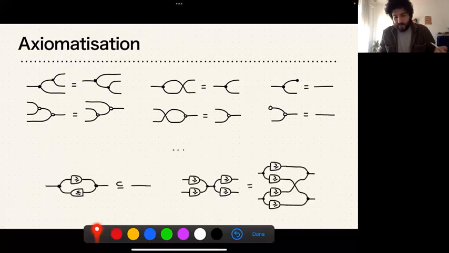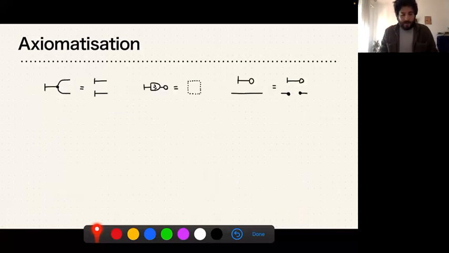Some of them reflect the fact that K is an ordered field. So, for example, here we have anti-symmetry. Some of them express the interaction of the greater than or equal generator with the other generators. And some of them also involve the one generator.